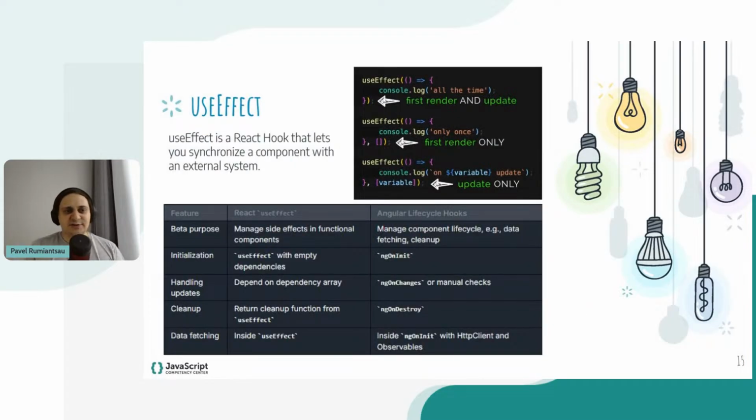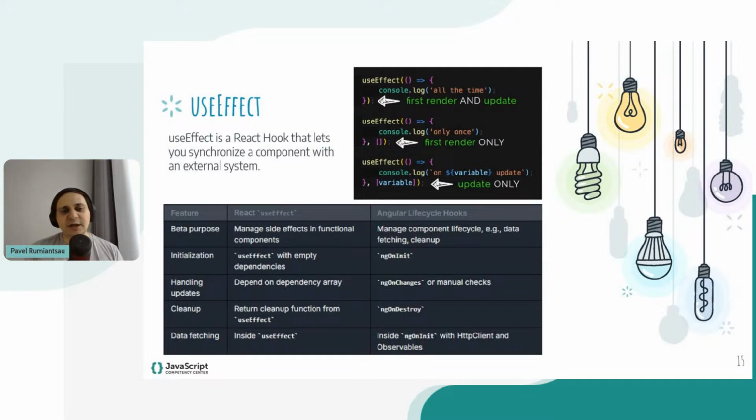The second part: since we don't have lifecycle methods, usually it's interesting how to control this, and it's not a problem. You can use the useEffect hook, which will be kind of a callback for cases when you need to run some logic. So there are three useEffects that you can see here on the screen. The first one will run on first render and on some updates.